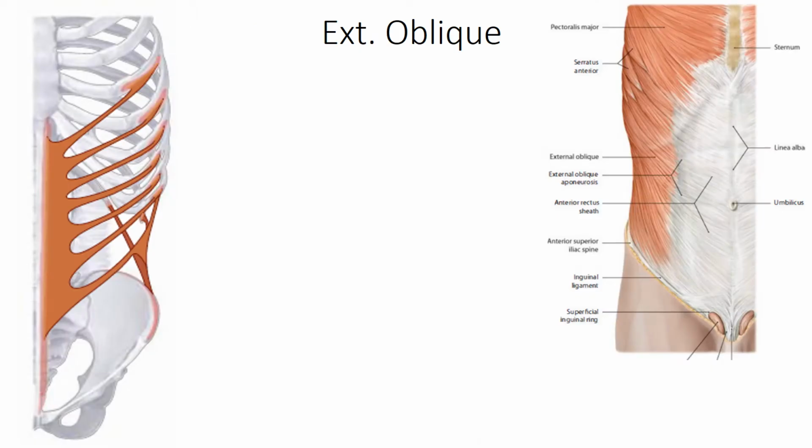Let's discuss these muscles one by one, starting with the external oblique. Now, the external oblique originates by 8 digitations from the lower 8 ribs, the 5th to 12th ribs.